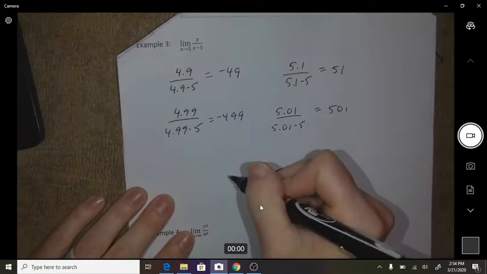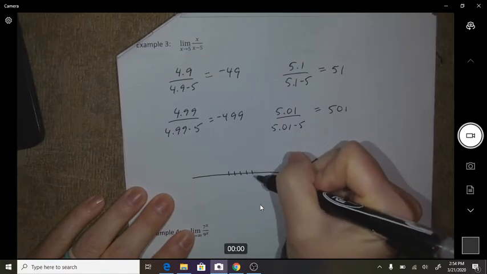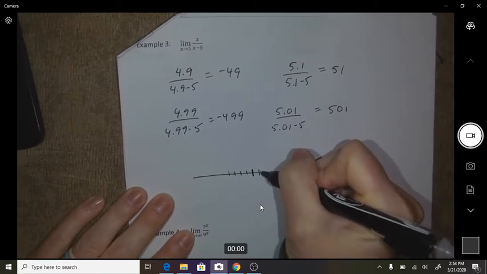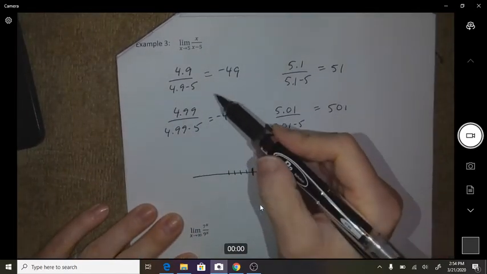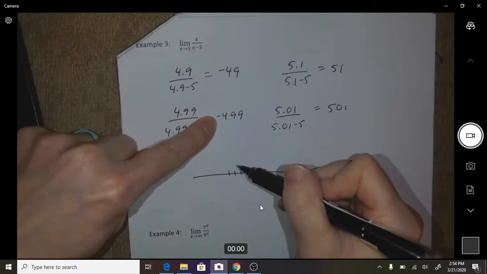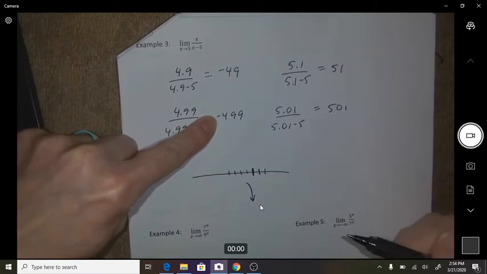So I can see on 1, 2, 3, 4, 5. So if this was 5, okay, as I'm getting closer here, it looks like this is happening.